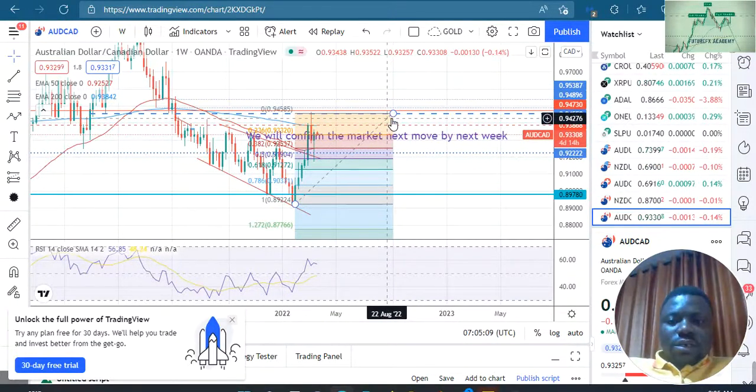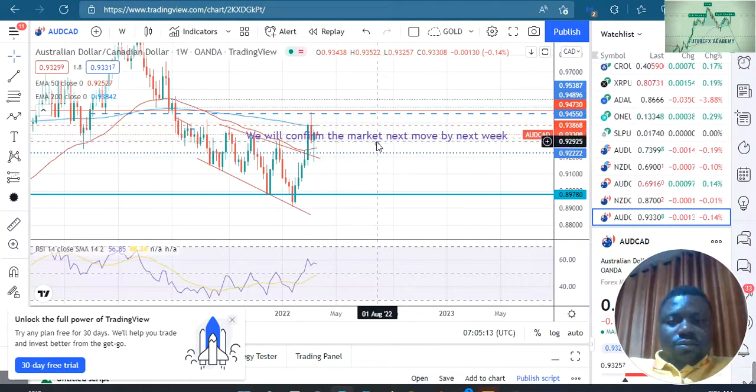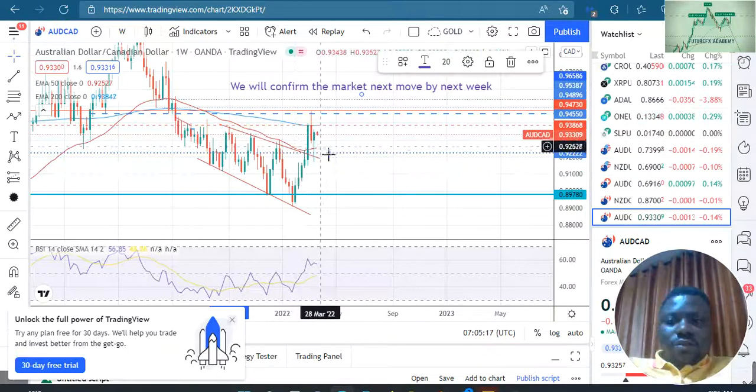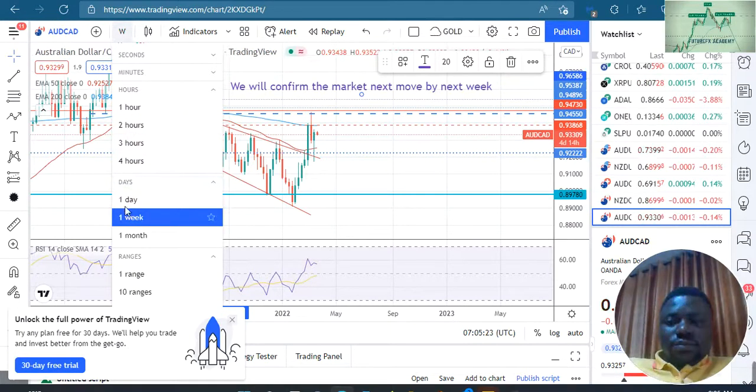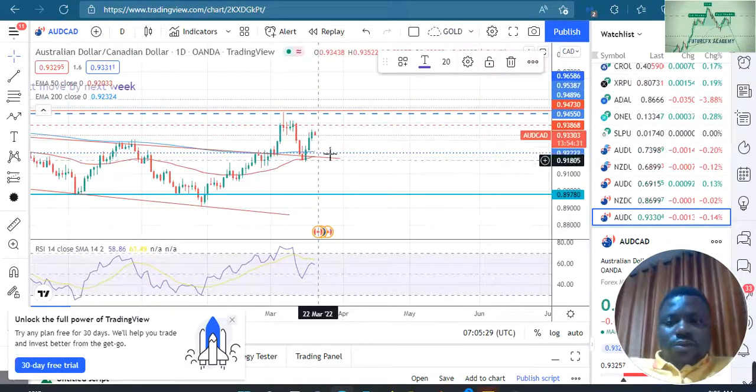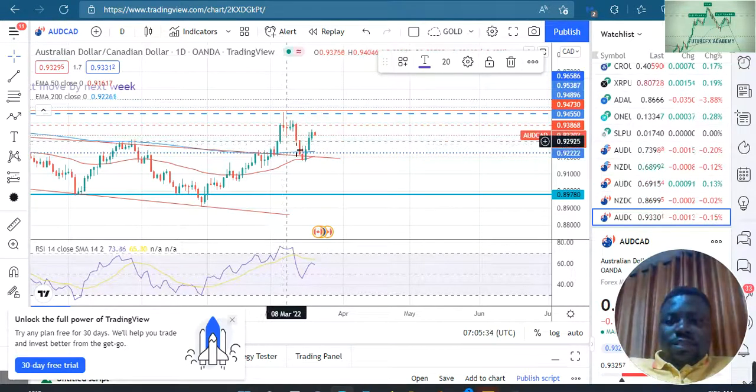So as a result of that, you can see, I expect a buy continuation on this particular analysis. So I expect this buy to continue, especially from this area.